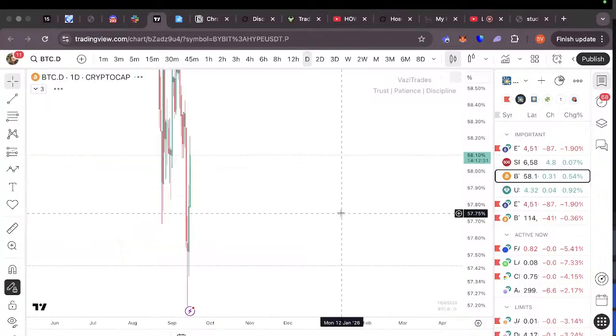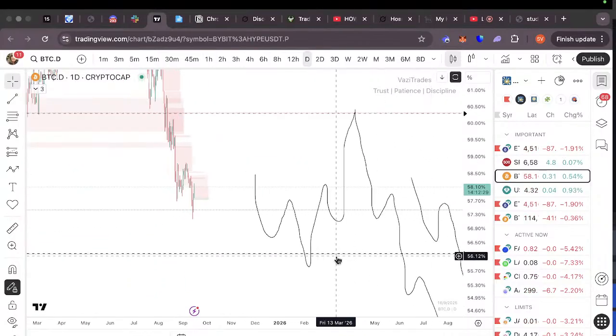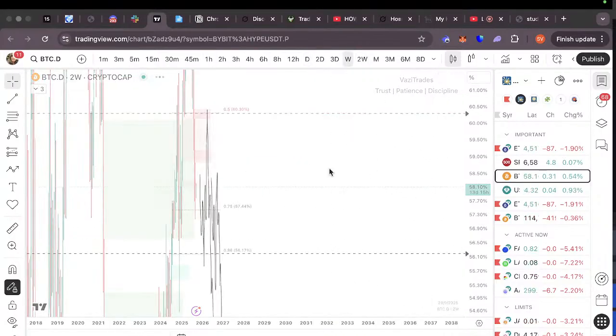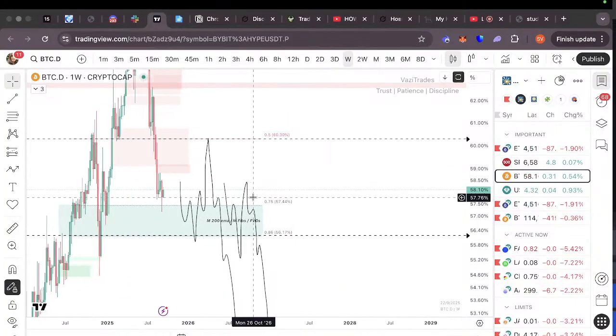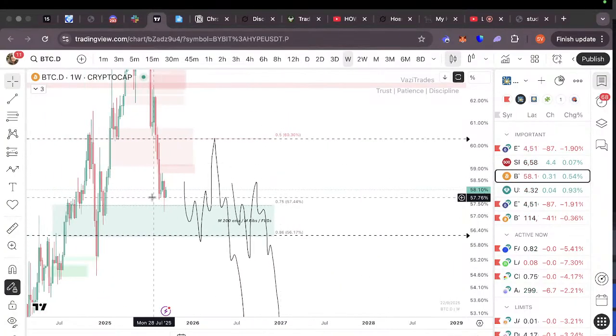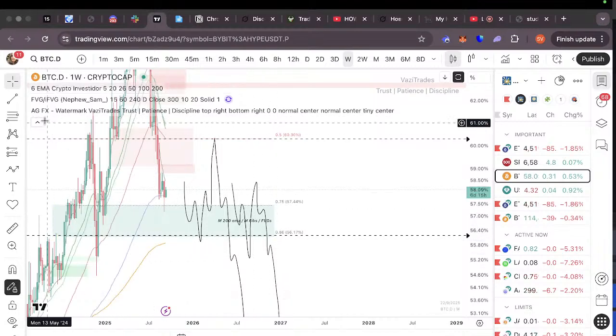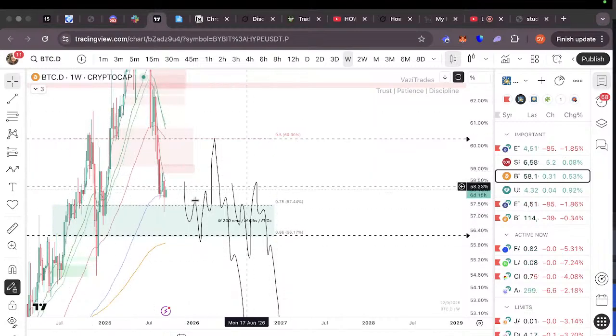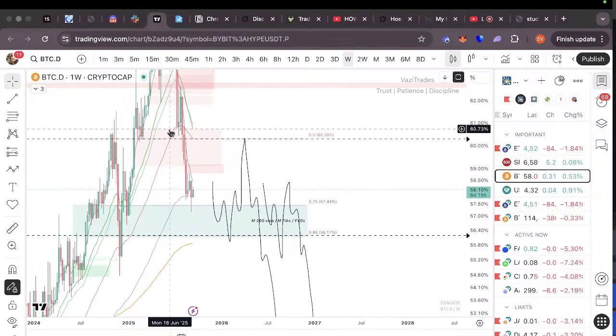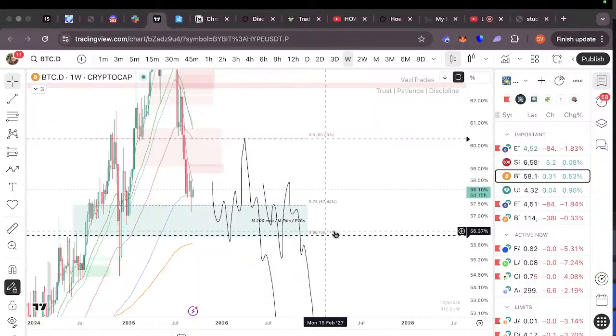Now, Bitcoin dominance. Let's see what's going on with the Bitcoin dominance. So we see that Bitcoin dominance came to this buy zone. Well, for us it's not buy, we're not buying Bitcoin dominance, but technically if I would do this technical analysis, for example, on Ethereum, I would say that Ethereum came to the buy zone.